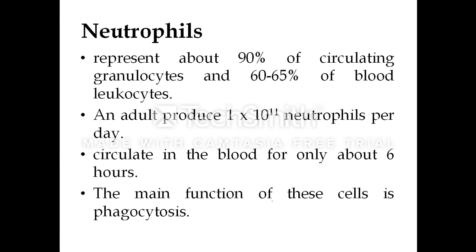They are produced in the bone marrow. On an average, about 10 to the power of 11 neutrophils are produced in an adult per day.